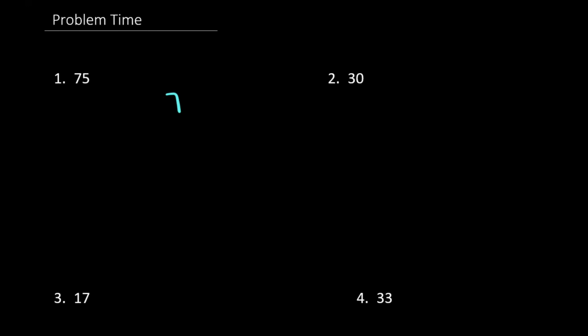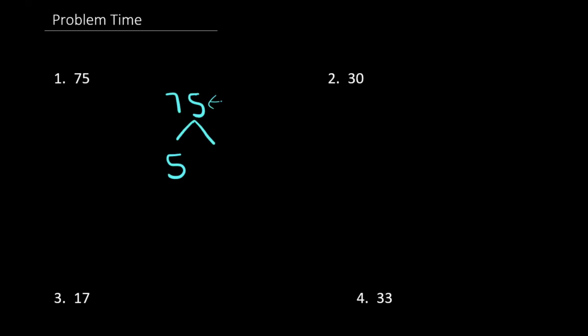So we're going to use the factor tree, 75. Now, 75 ends with 5, and we know that any number that ends with 5 or 0 is divisible by 5. So let's write 5 over here. And 5 is a prime number.